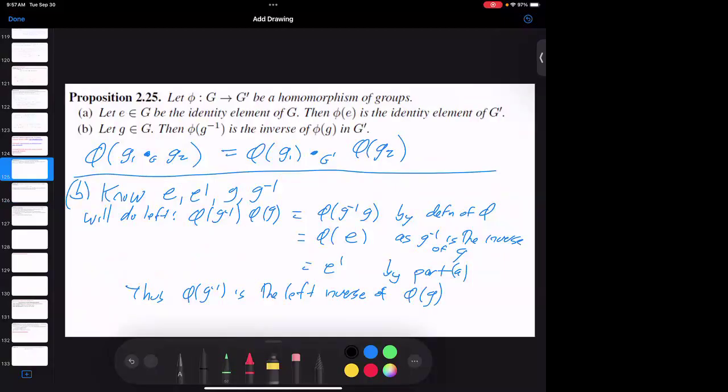What's the definition? Is phi of G1 times G2 the same as phi of G1 times phi of G2? If everything is sent to 1, then what's phi of the product? 1. If everything is sent to 1, that's 1, that's 1, their product is 1.